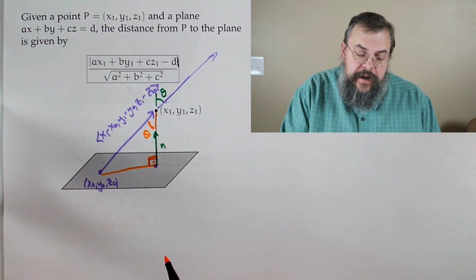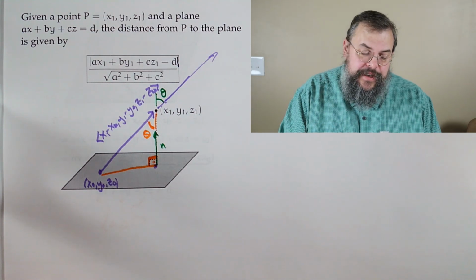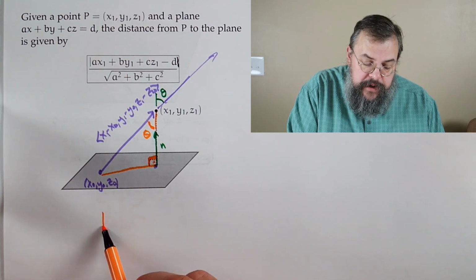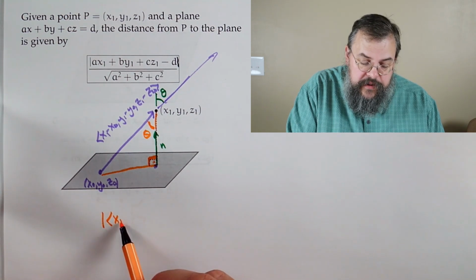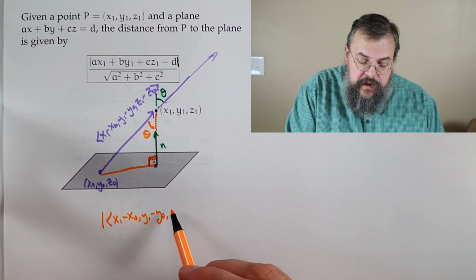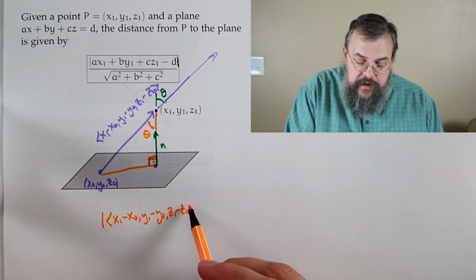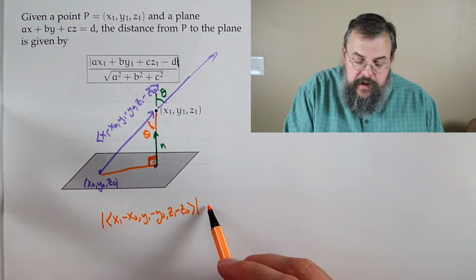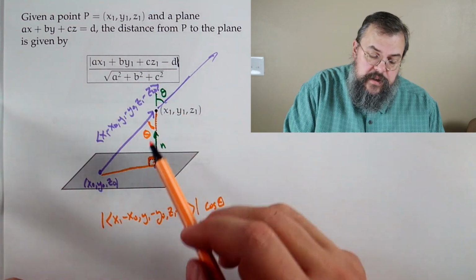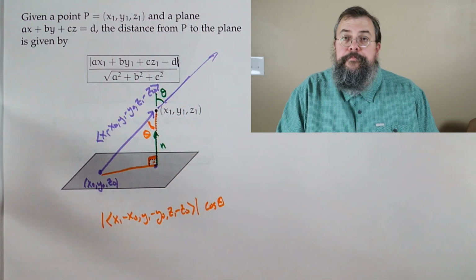So we say, aha, here we go. What we need to do, we need to take the hypotenuse. Now the hypotenuse is the magnitude of this vector, x1 minus x0, y1 minus y0, and z1 minus z0, times the cosine of the angle between the two vectors, n and that vector.